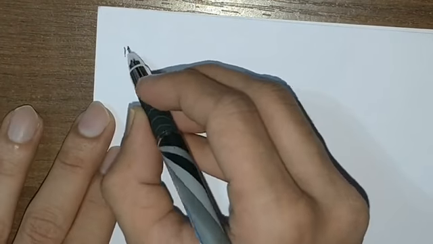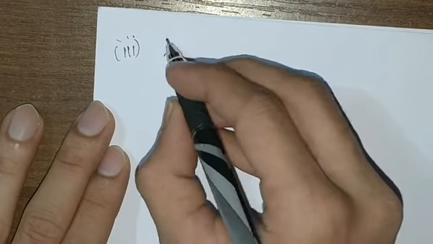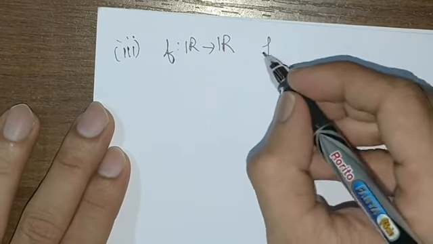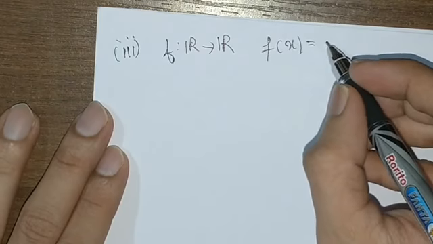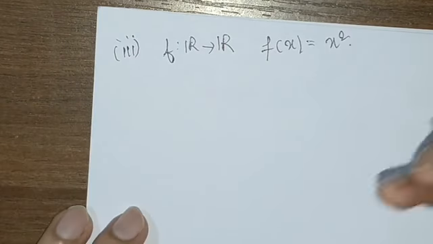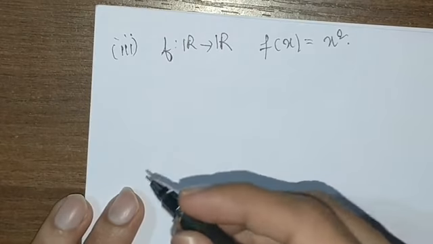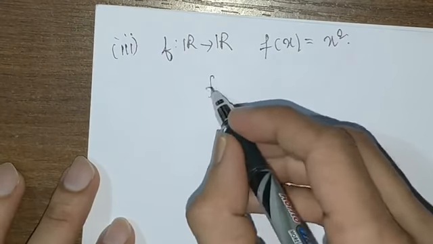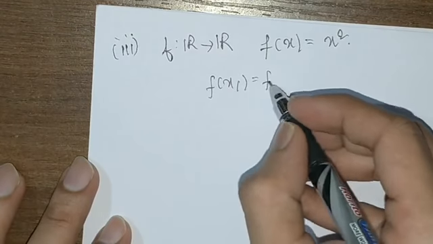Now let us go to the third problem. That is f from R to R, which is given by f(x) is equal to, again, the same function x square. First we will check whether the function f is 1-1 or not. So let f(x1) be equal to f(x2).